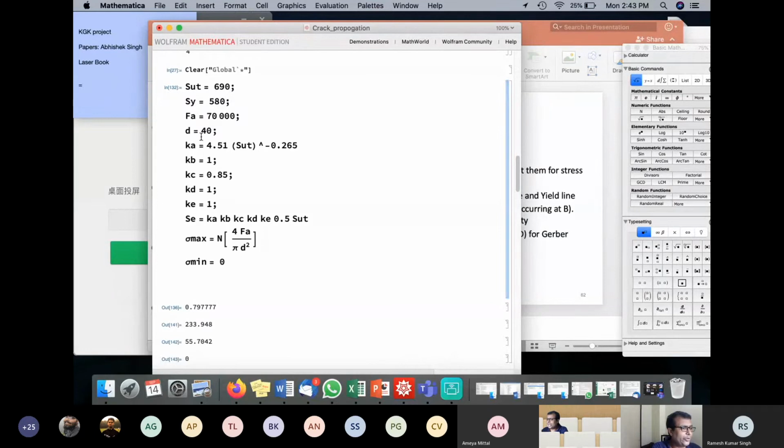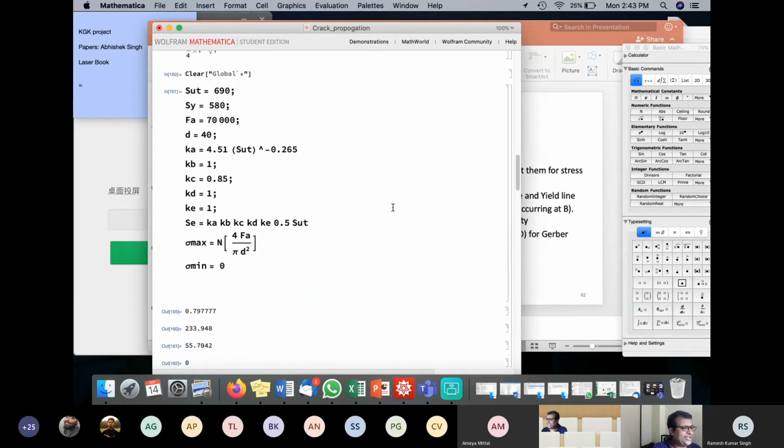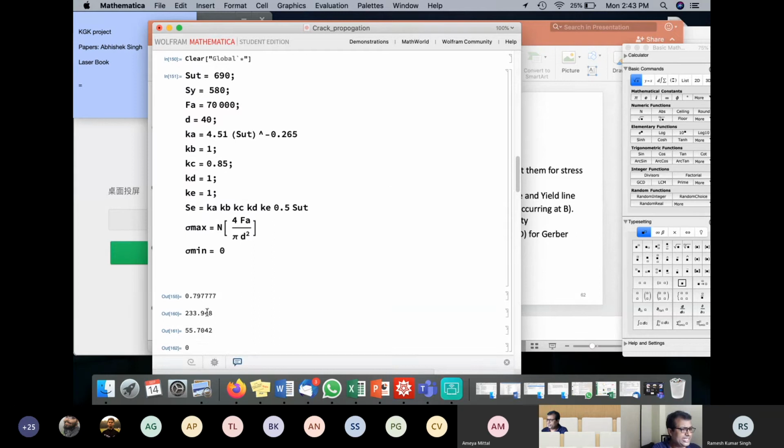KA is 4.51 SUT to the power minus 0.265, KB is 1, KC is 0.85, KD is 1, KE is 1. And I go ahead and do everything, and then find sigma max is 4 FA by pi d square. FA I have also defined as 70,000 newtons, or 70 kilonewtons. So I'll get all these. Let me just clear all the variables first. So I have Ka as 0.798, which you can see. And the other thing which I got, SE is 233.948. This is the corrected SE.